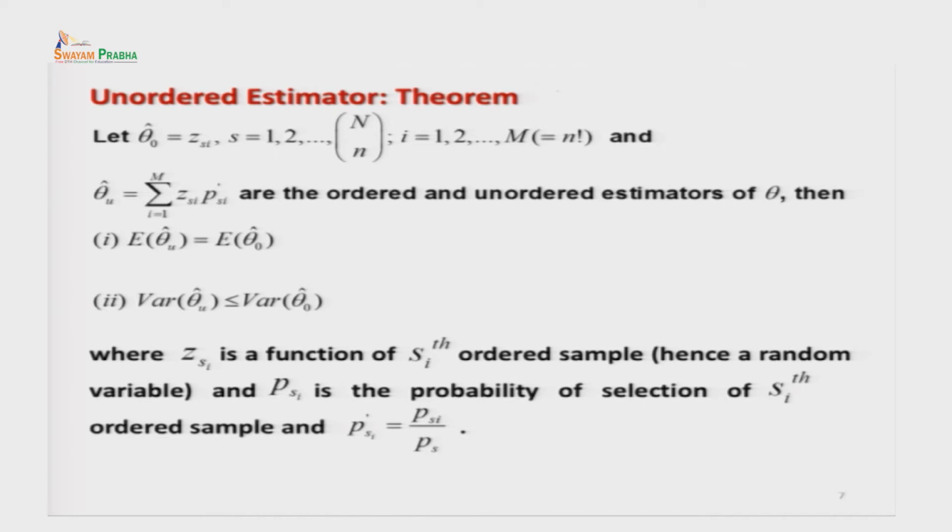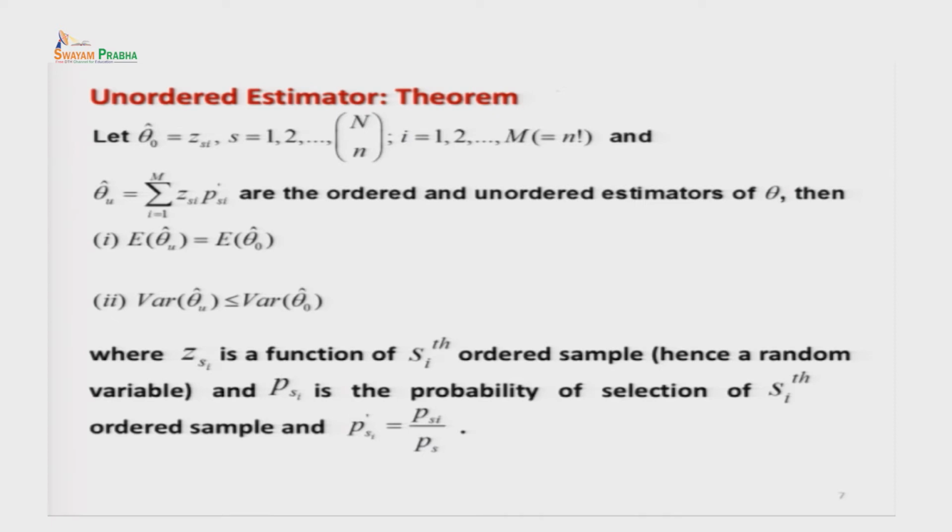So now the question is, how one can combine the estimators obtained from the ordered samples in such a way that the new estimator is an unbiased estimator of the parameter and has a smaller variance than the ordered estimator. Because if the variance is not smaller, then there is no fun, there is no advantage.